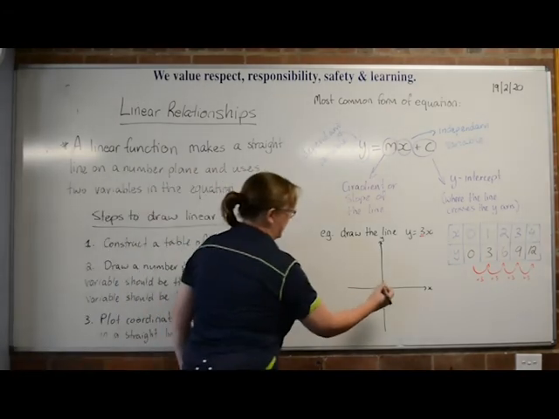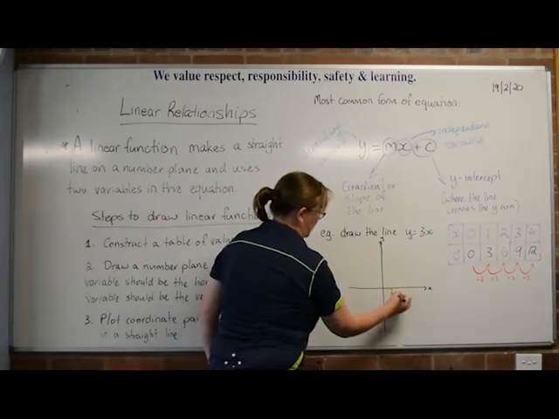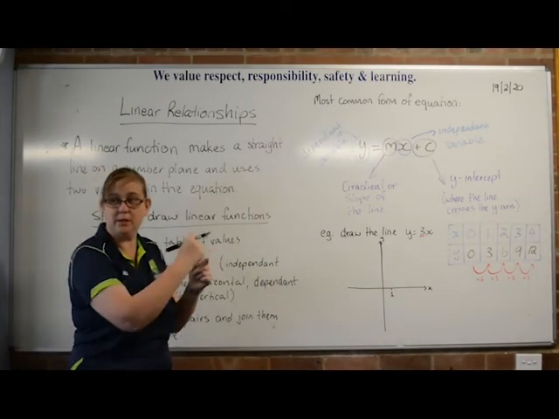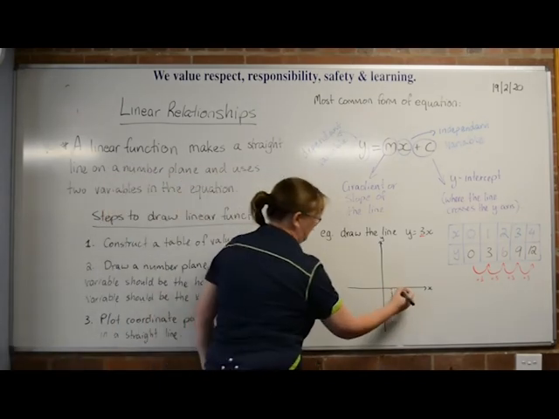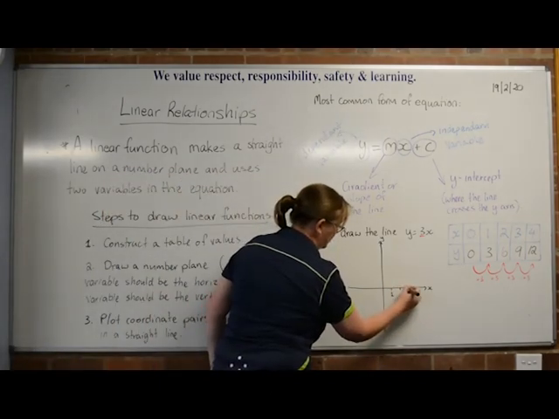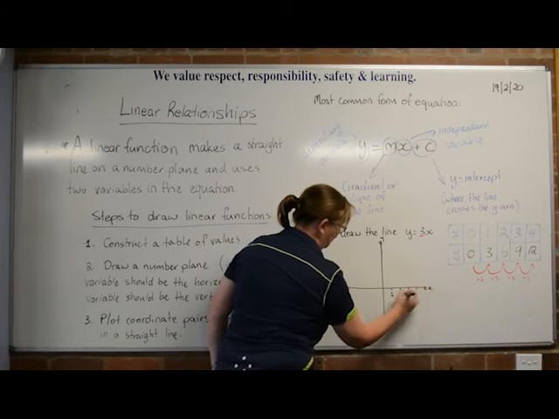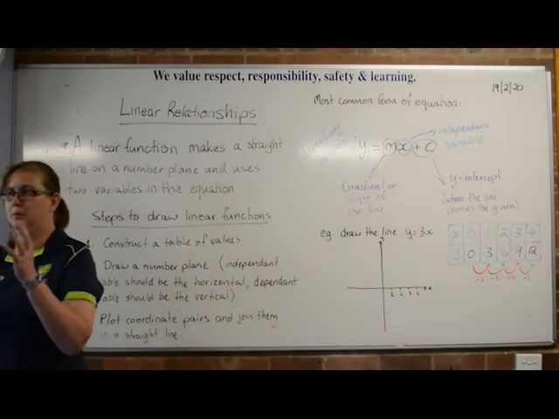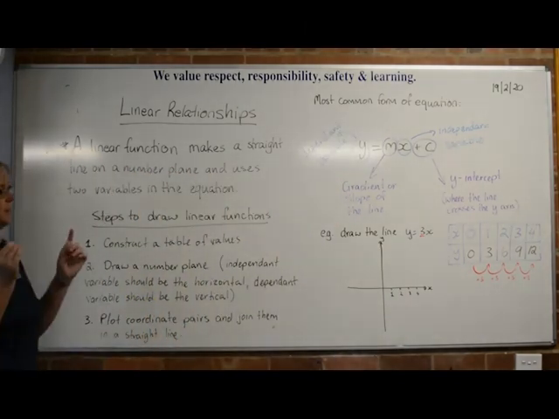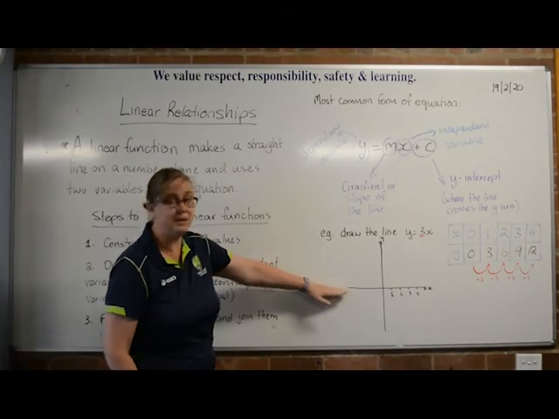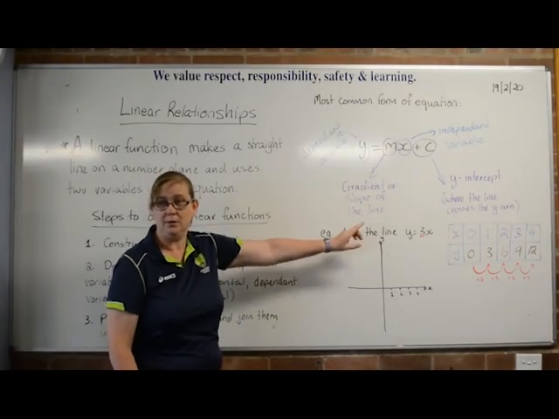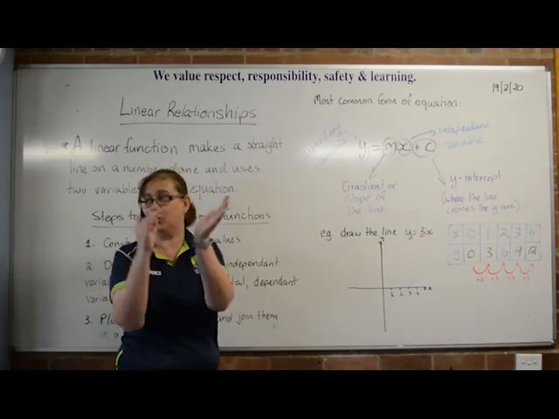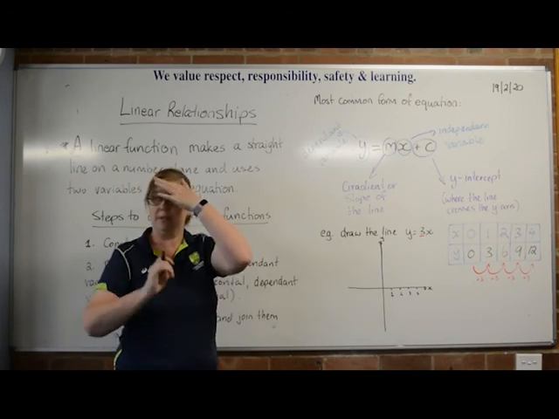So if I decide that's where my 1 is, my 2 needs to be the same distance away as the 1 is from the start. It doesn't matter if the x is different to the y, as long as all the x's are the same distance and all the y's are the same distance. Otherwise you end up with a crooked line. Alright, we want nice straight lines.